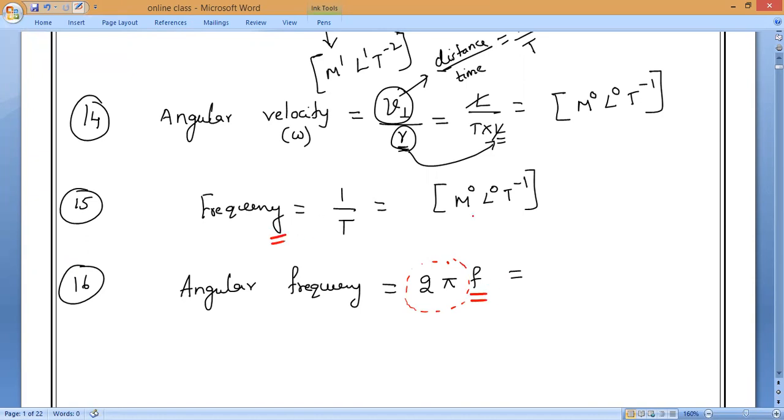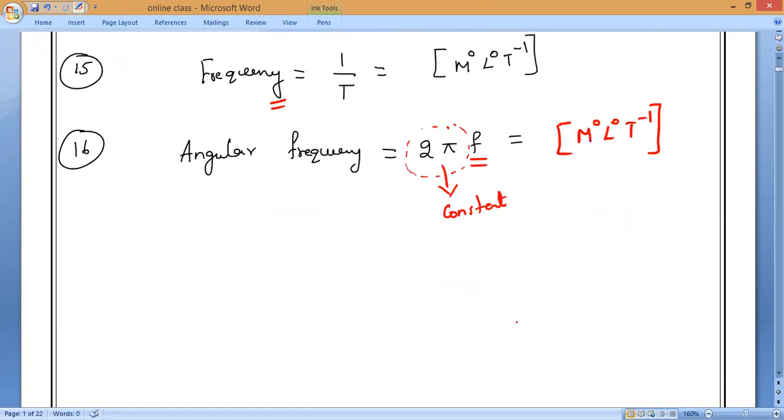What is the dimension of f? M0, L0, T power minus 1, which we just wrote. Remember, 2 pi is actually a constant and does not have dimensions. Angular frequency is also represented with omega. Next you can write angular acceleration.